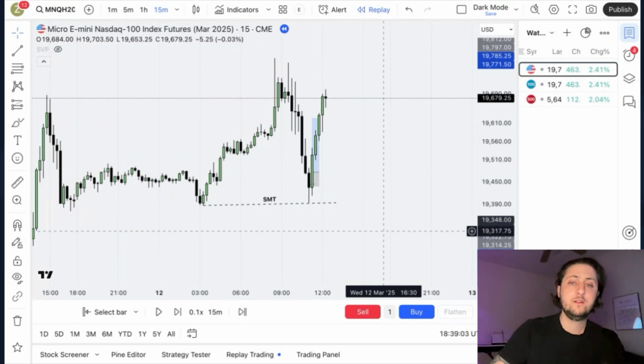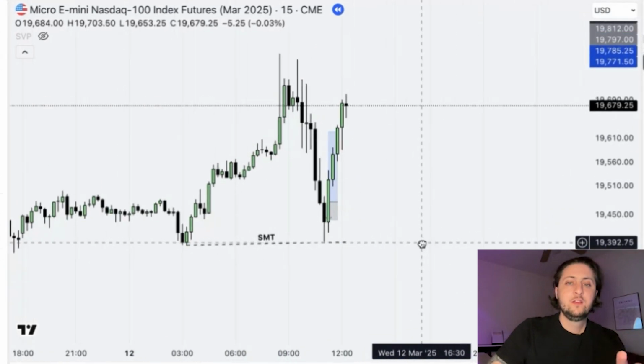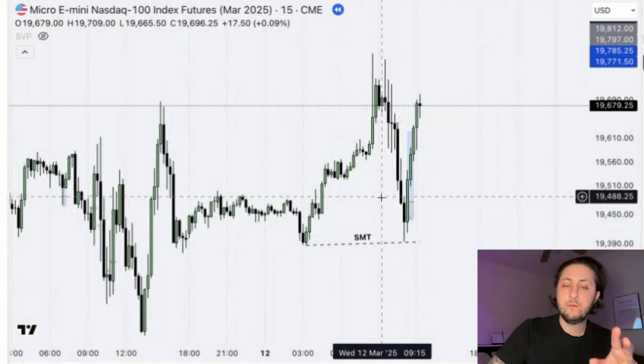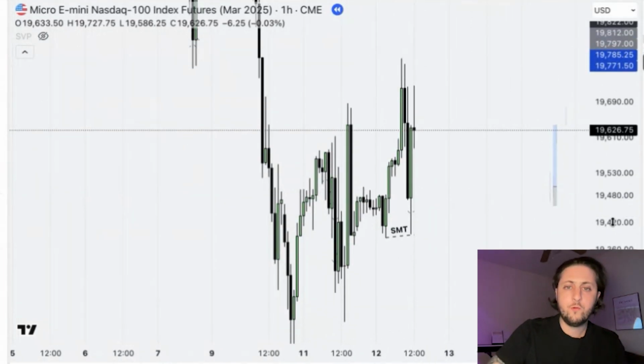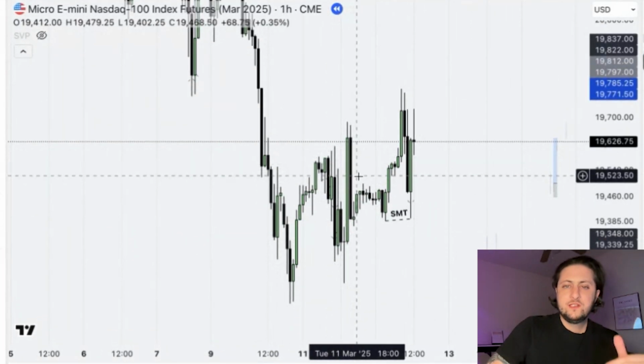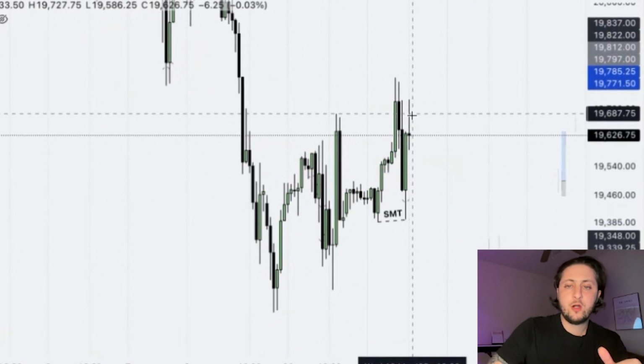So this was number one, okay? We had this very clear SMT divergence, giving us the confluence to a potential reversal. On top of that, if we go to the 1 hour, while we are mostly in a range, at the end of the day, we have been grinding higher in this market, right?